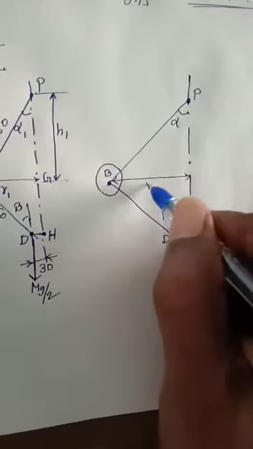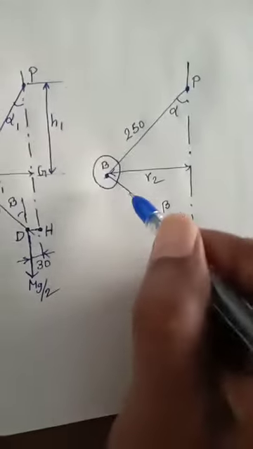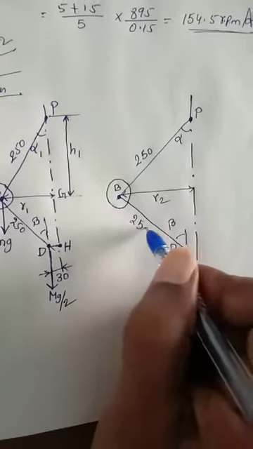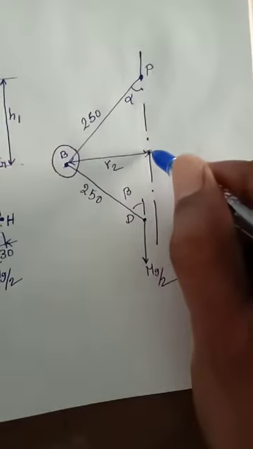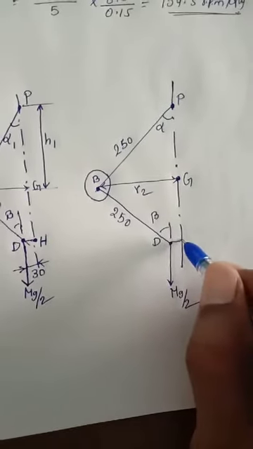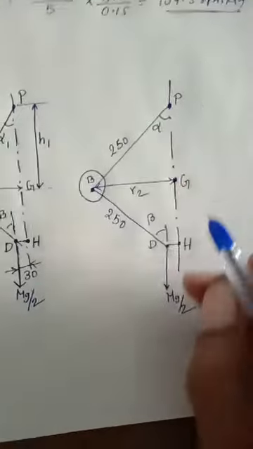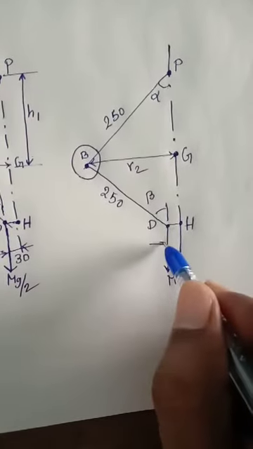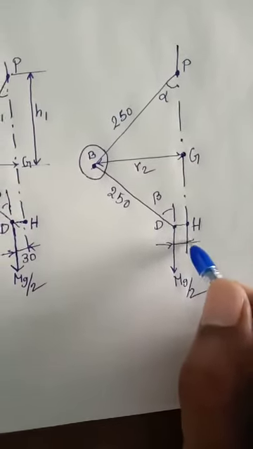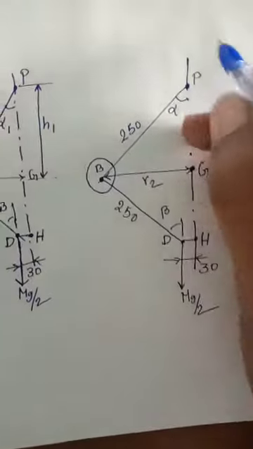This is the radius R2. This is 250, and this also 250. Now I put G here, and this distance is H. We know very well this 30 is given.